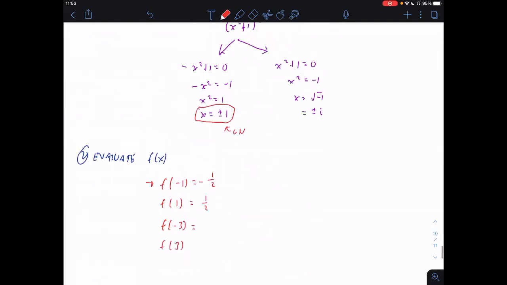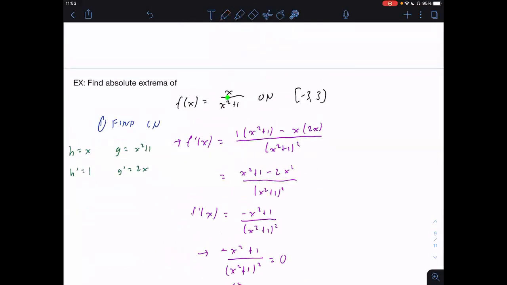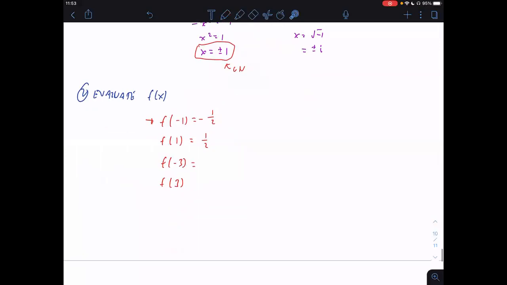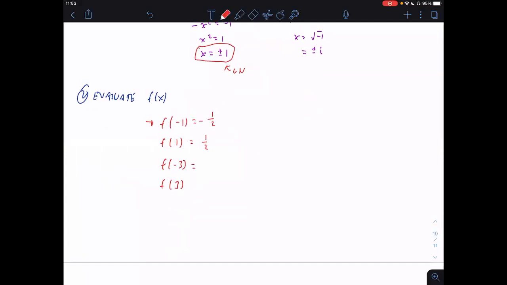At negative 3 here, let's see, we're going to have negative 3 over negative 3 squared, which gives us 9, so negative 3 over 9 plus 1, which gives us negative 3/10. And for positive 3, we're going to get positive 3/10.